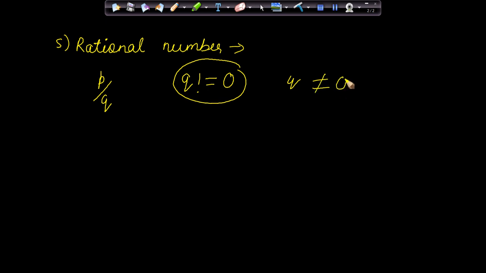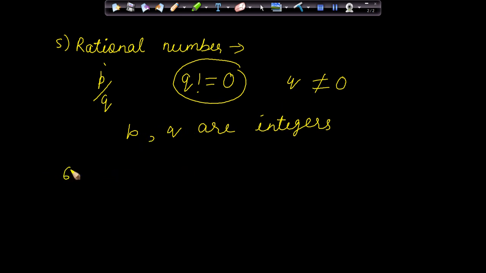And P and Q are integers. So a rational number is any number which can be represented in P by Q form, where Q is not 0 and P and Q are integers.